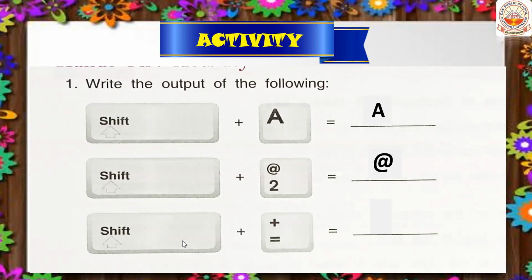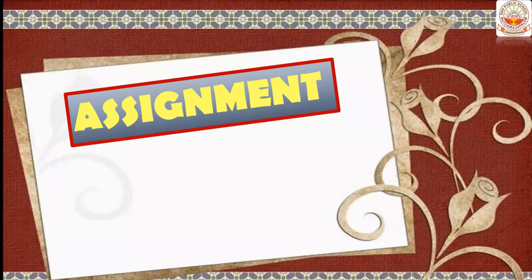The next one, shift key, and this key also has two characters, children. The lower one is equal to and the upper character is plus. As I already told you, the shift key is used to type the upper characters. So what is the answer, children? Yes. Very good. Okay, children. Hope you have understood.